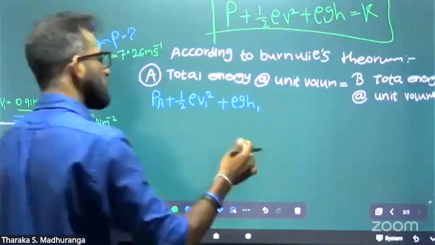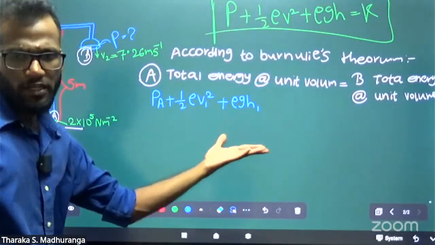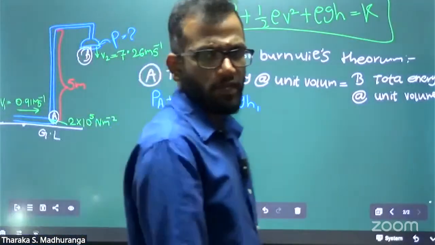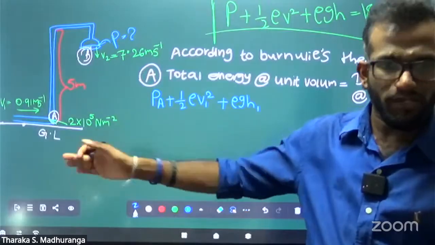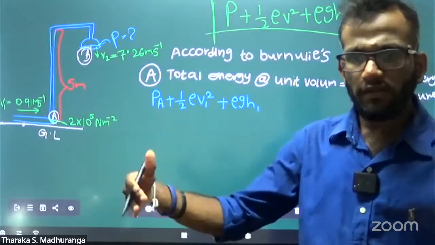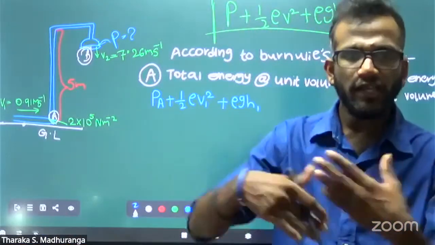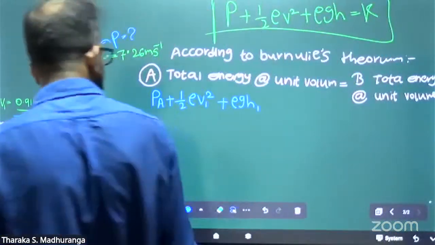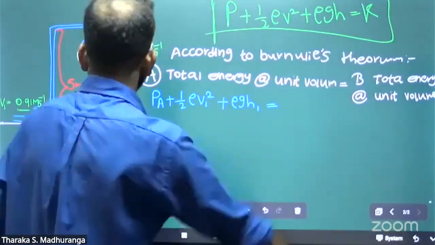Actually, at the A side there is no potential energy, but I added it as well. It is actually 0 because it is ground level, with no comparison height. Therefore it is 0, but I added it to the equation, equal to the B side.